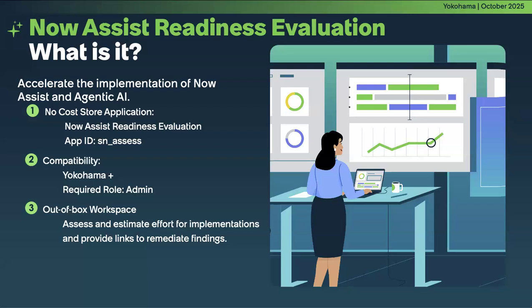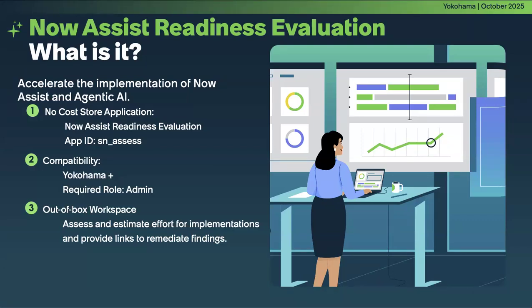So what is the Now Assist Readiness Evaluation? Think of the Now Assist Readiness Evaluation, or NARE, as your blueprint for AI readiness. It's a free store app that scans your instance, identifies gaps, and then estimates the effort required to resolve them. In other words, you see the whole picture before you start implementing.